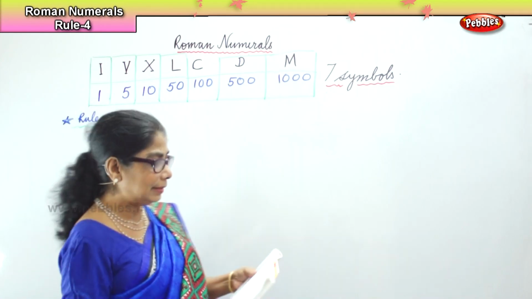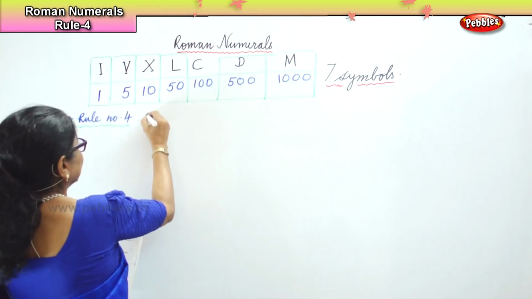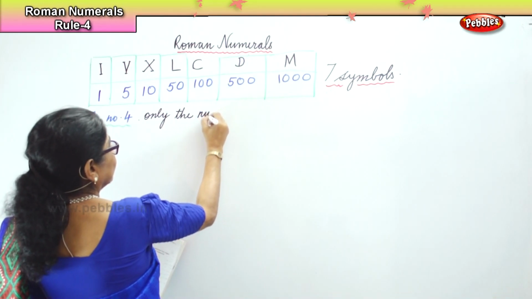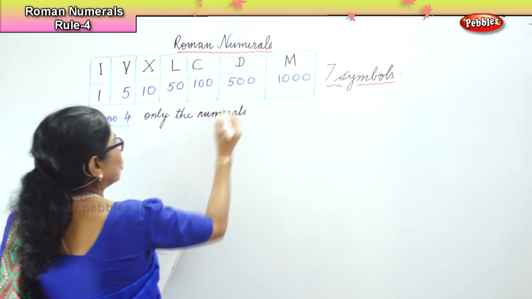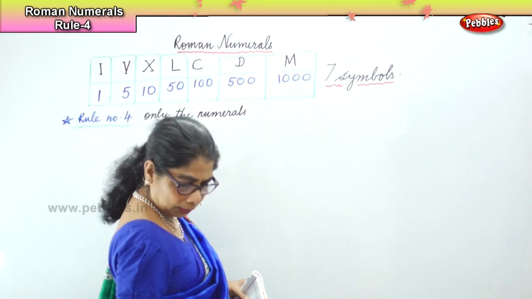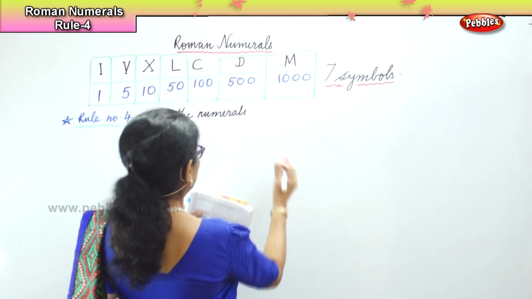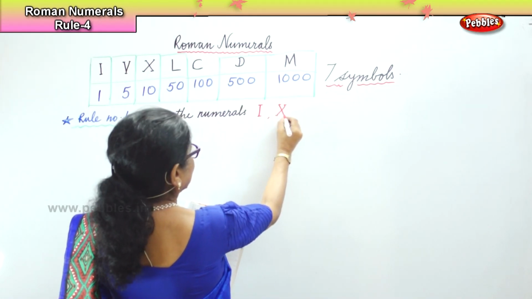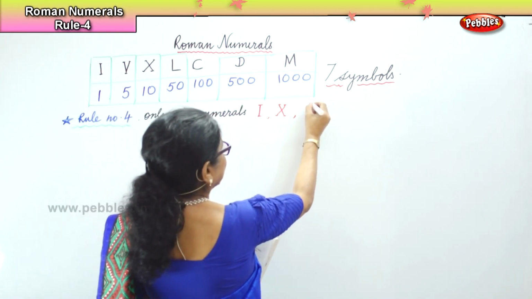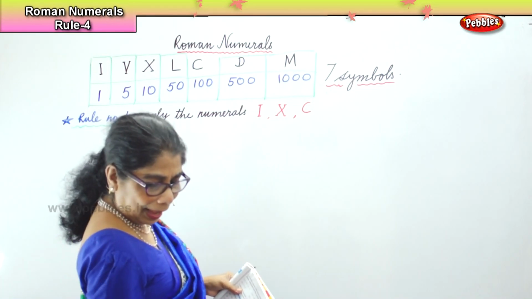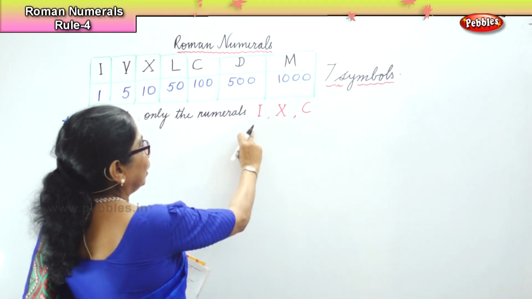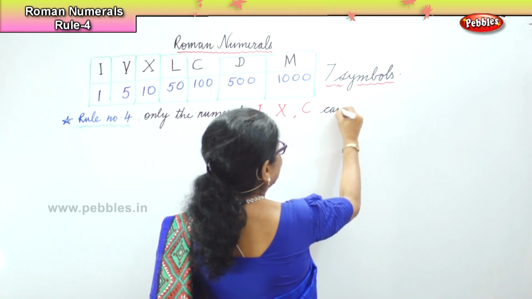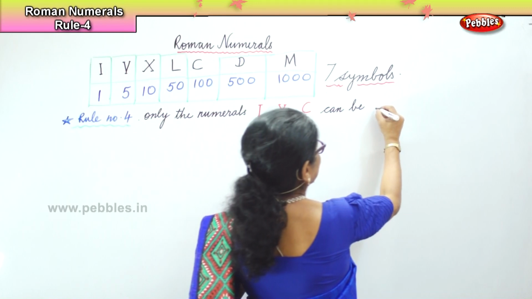Rule number 4 says only the Roman numerals 1, 10 and 100 can be subtracted.